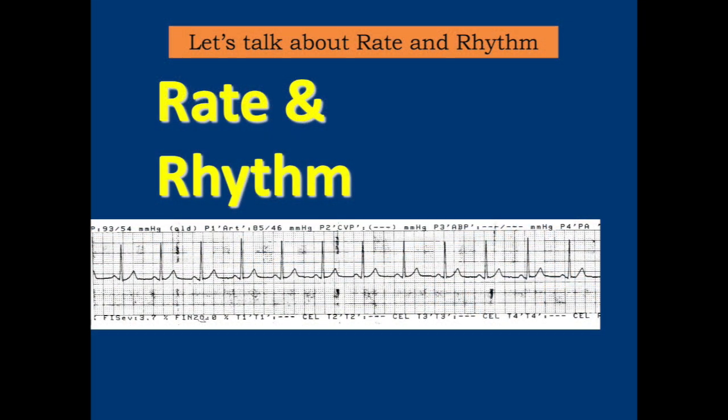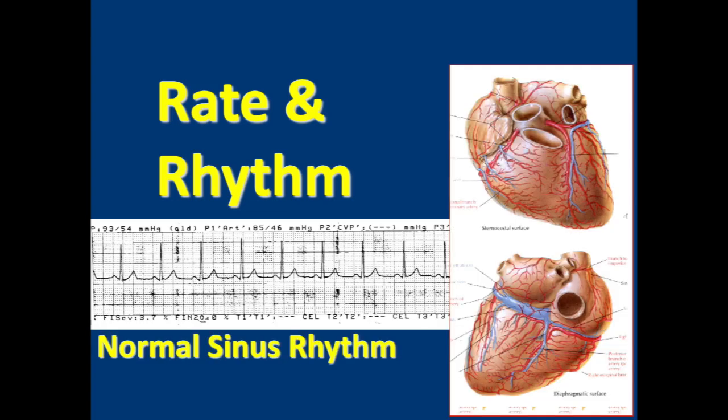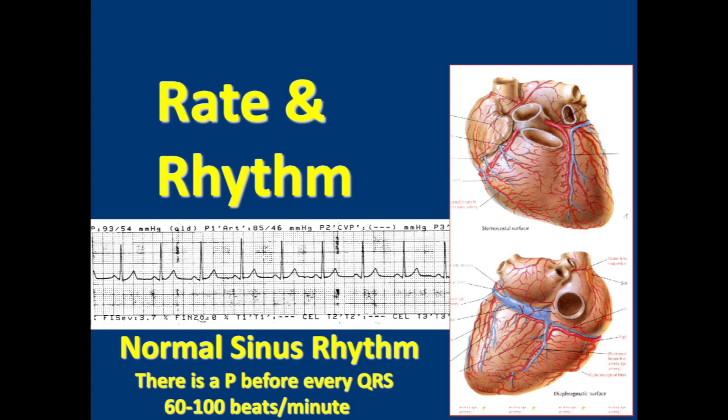Let's talk about rate and rhythm. This is what's called a normal sinus rhythm. You see that word sinus again, so we know that the beat was initiated in the sinus node. It's called normal because there is a P before every QRS, so look at that.